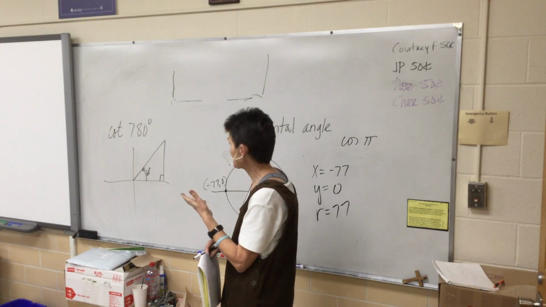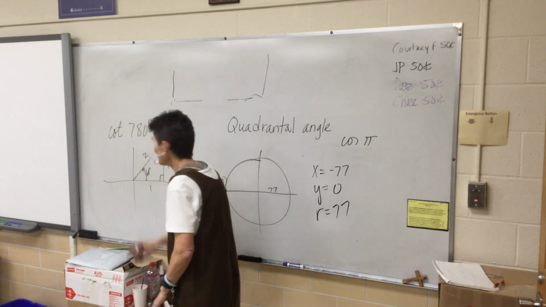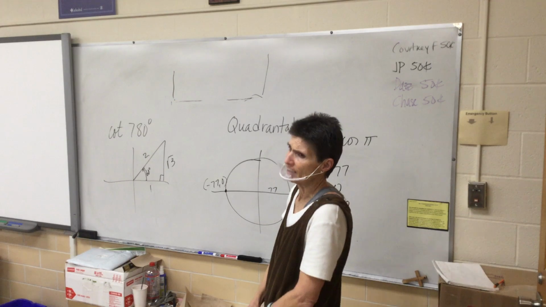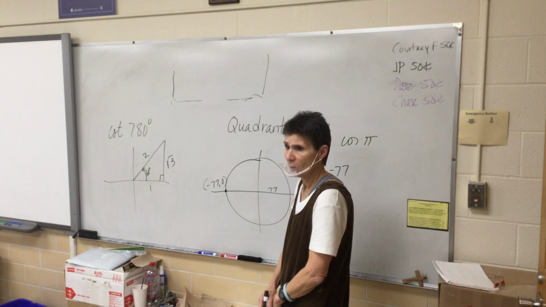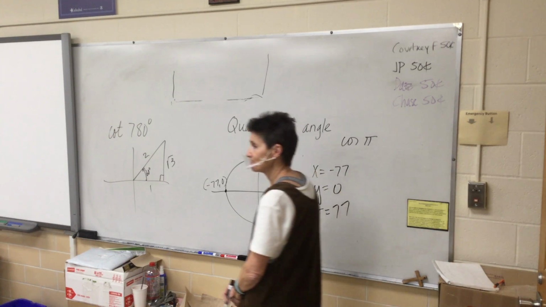So I drew it 60 degrees. Root 3, 1, 2, that's a 30, 60, 90 triangle. Should anything be marked negative? Nope, because I am in quadrant 1, so everything's positive, it's all good. What's the cotangent?